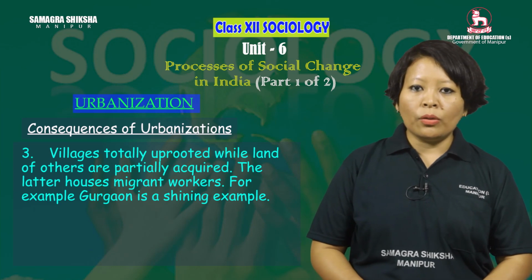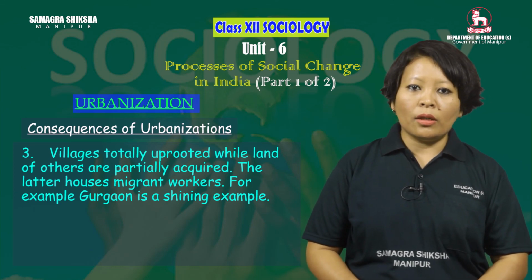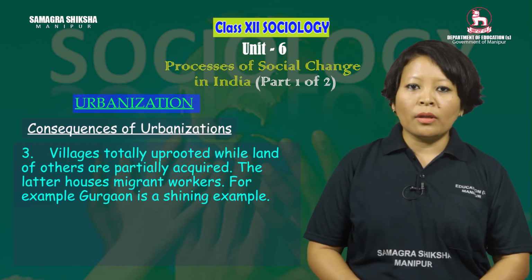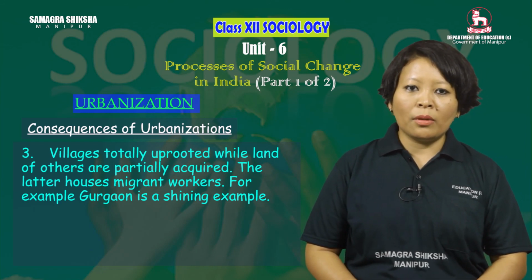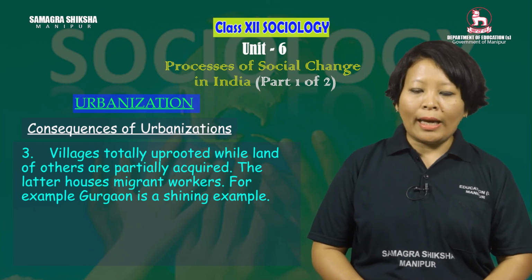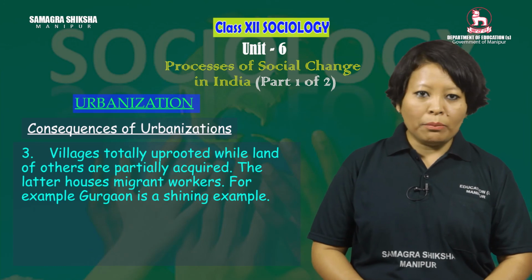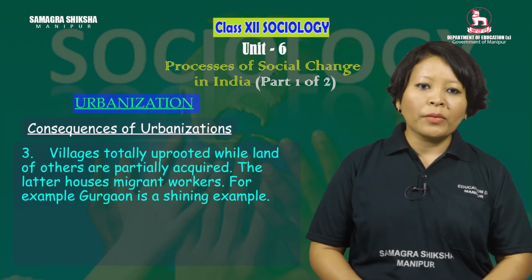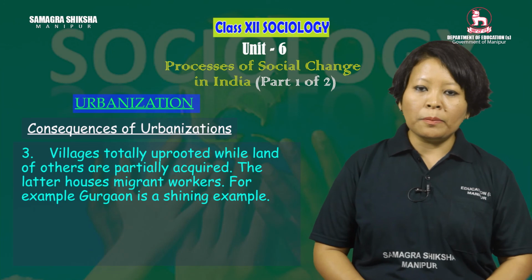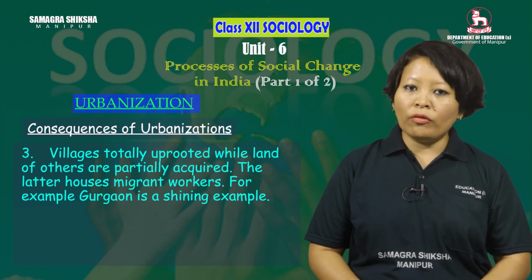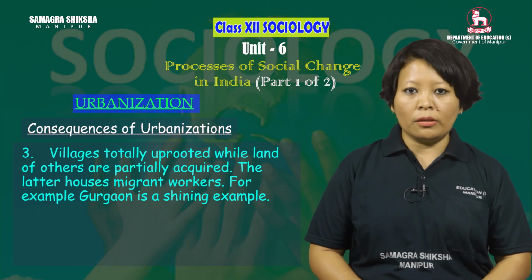Earlier it was just a village. But when Delhi expanded and there was no more space in Delhi, they extended towards Gurgaon, where foreign companies bought land and built many big offices, and overnight the farmers became millionaires.